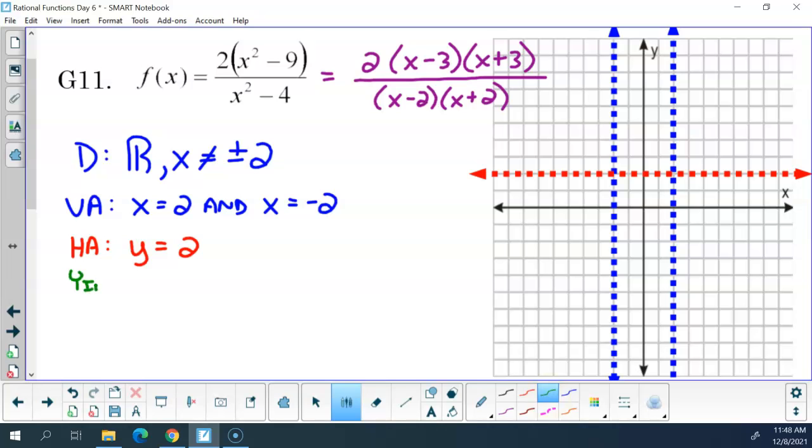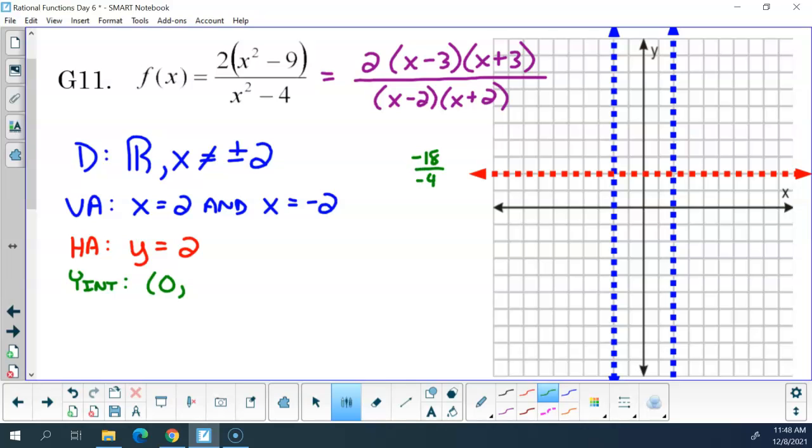Y-intercept. Plug in 0, right? 0 minus 9, negative 9, times 2, negative 18. Negative 18 over negative 4.